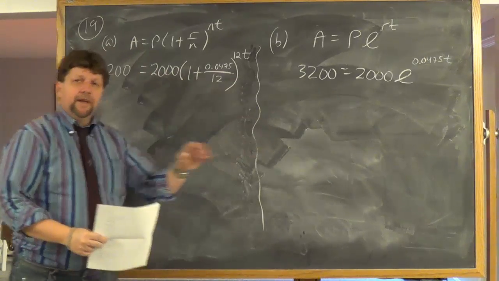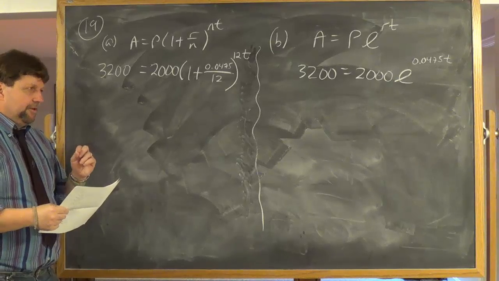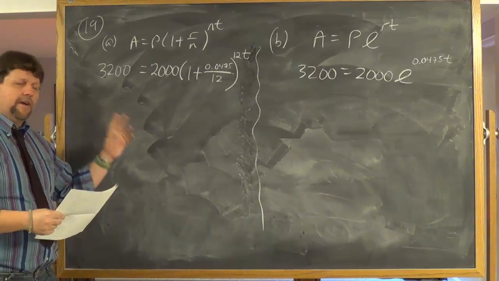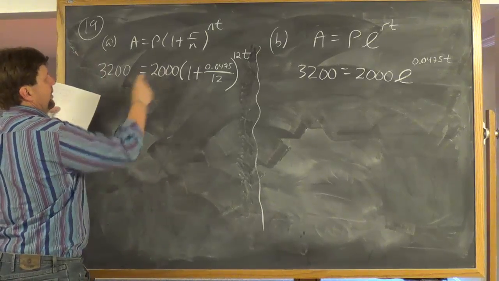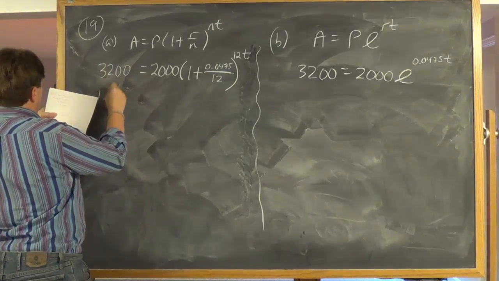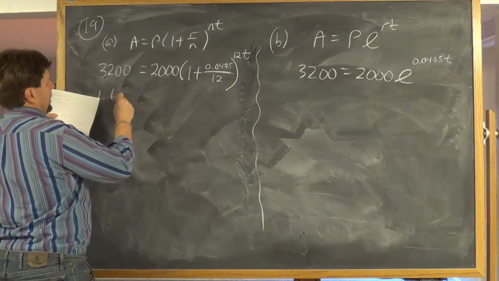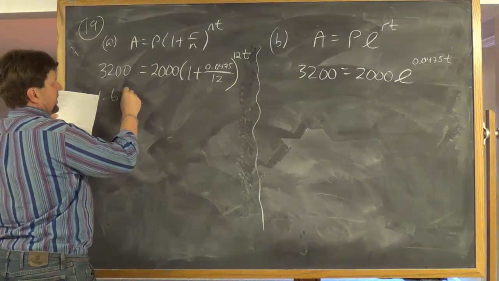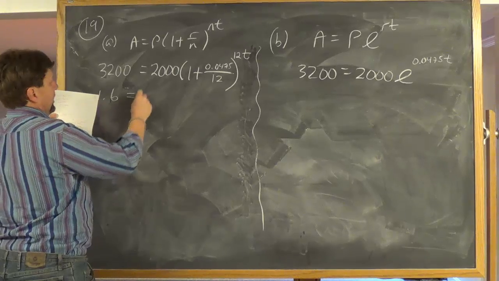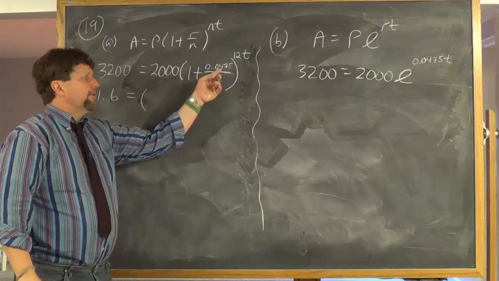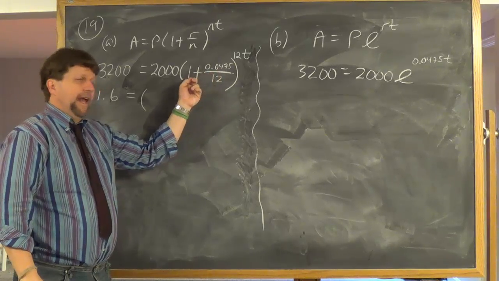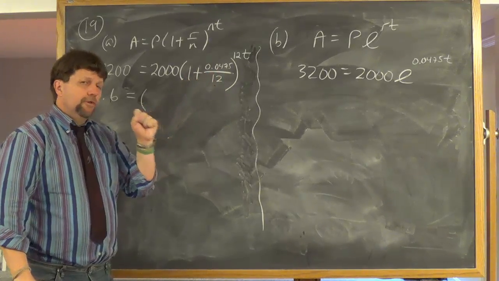Either way, I think the very first thing you should do in trying to solve is to divide both sides of the equation by 2,000. And 3,200 divided by 2,000 gives you a 1.6. And so we have 1.6 equals. Now folks, if you're going to use your calculator to do 0.0475 divided by 12 and then add 1 to it, do not round that.